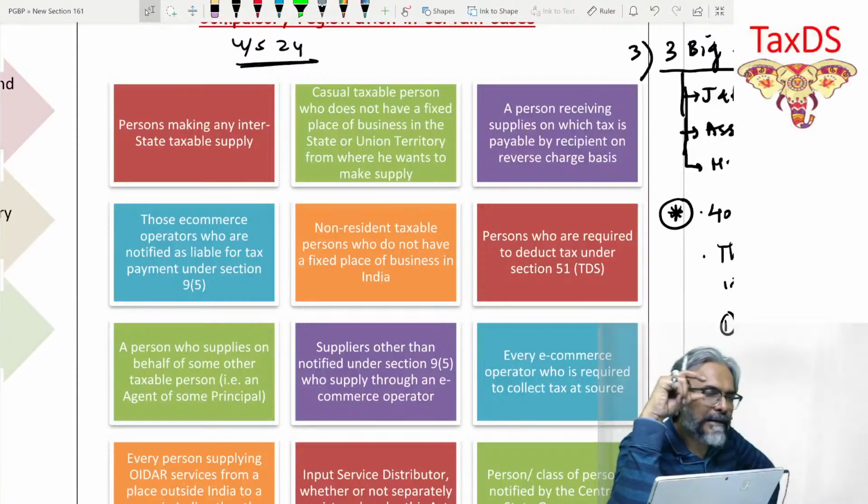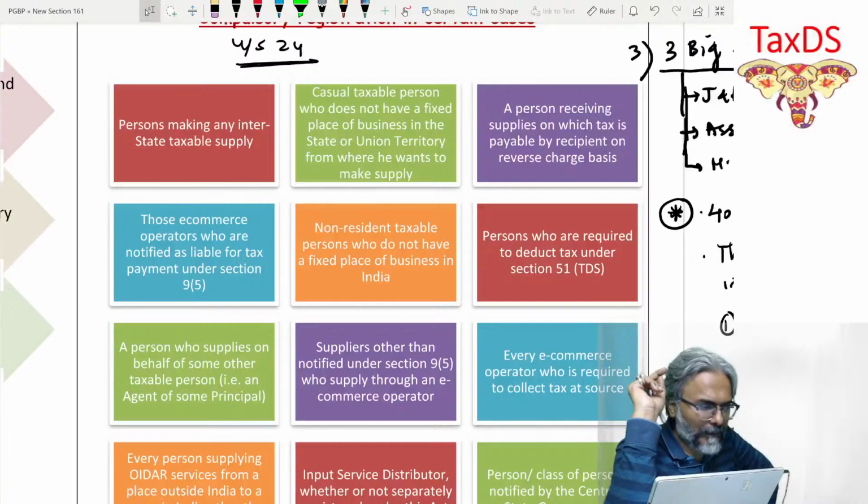Am I obligated to obtain registration in that particular case? The answer is yes, even if my aggregate turnover is 2 lakh rupees. The reason is I have done the interstate sale. In that situation, irrespective of the aggregate turnover, I would be required to obtain the registration.